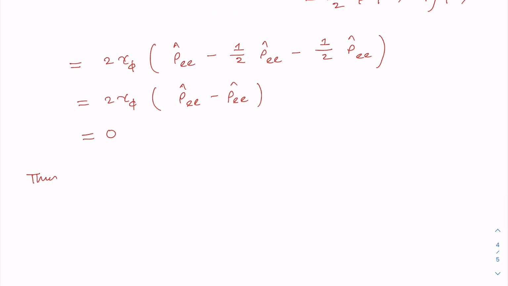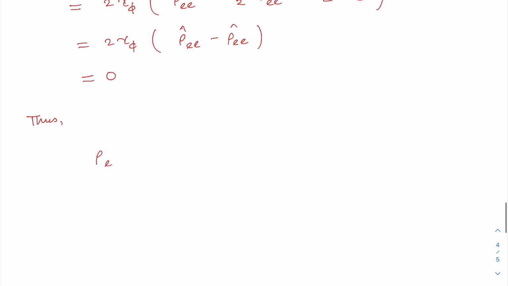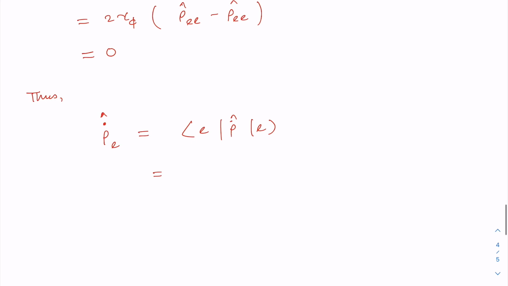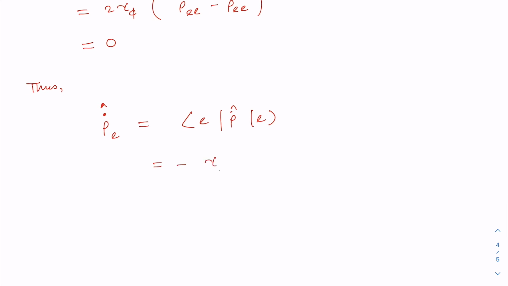Therefore the time evolution of this matrix element in the density matrix, rho E E, is equal to minus gamma minus rho E plus gamma plus rho ZZ.